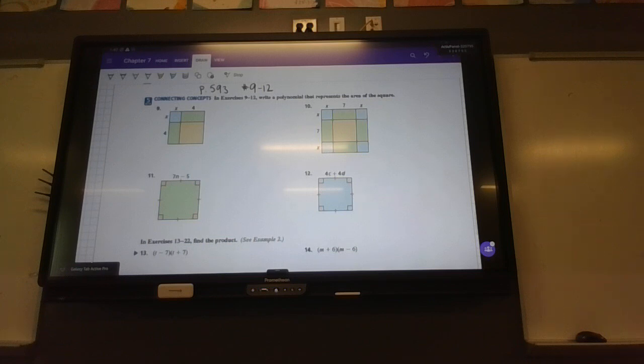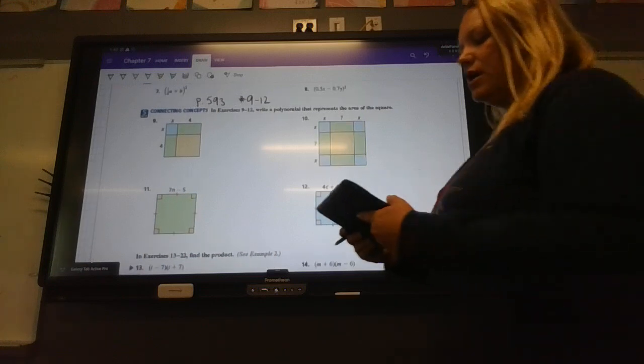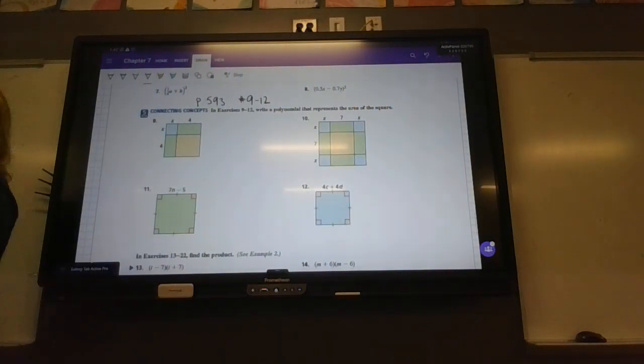Okay, it says write a polynomial that represents the area of the square. A square means that all the side lengths are the same.